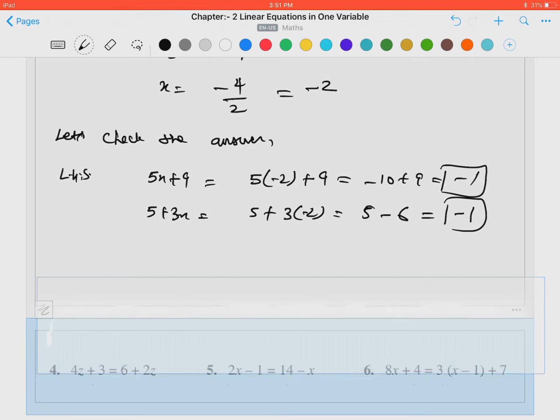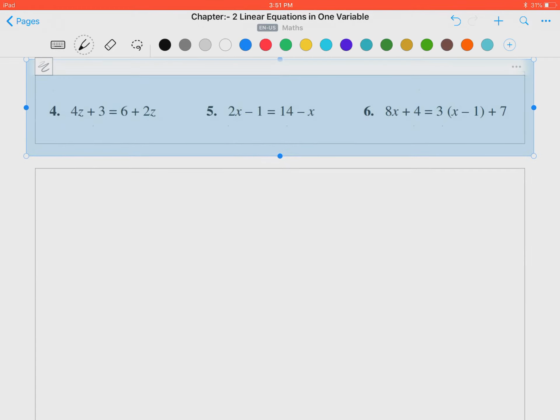Moving ahead, now we have the equation of question number 4, which is 4z plus 3 equals to 6 plus 2z.